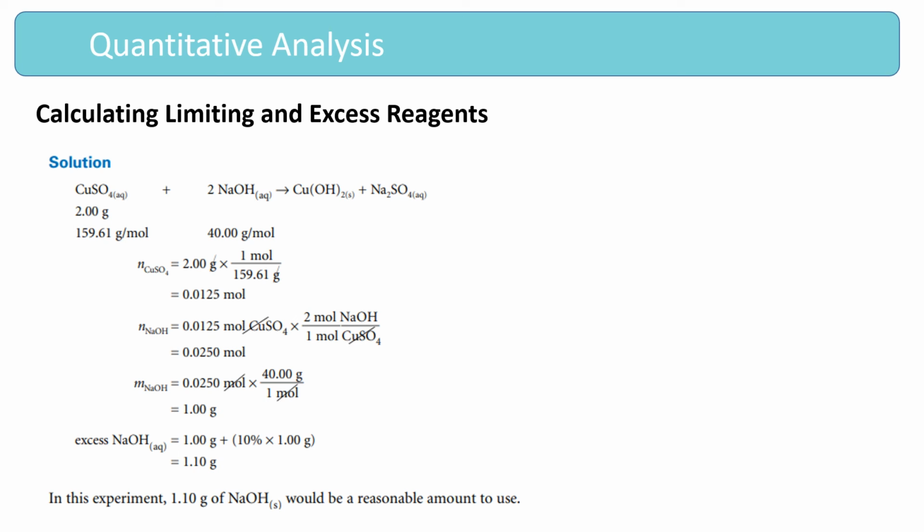So the excess, if we add our 10%, is 1.00 gram plus 10% of 1.00 gram, which is 1.10. So if we were doing this experiment, a reasonable amount to use would be 1.10 grams of NaOH.